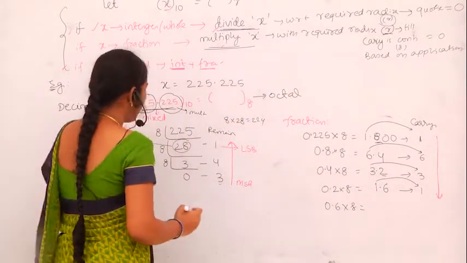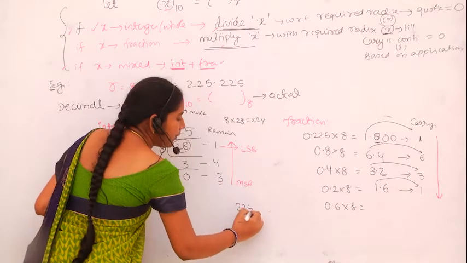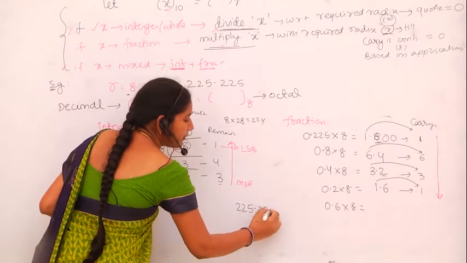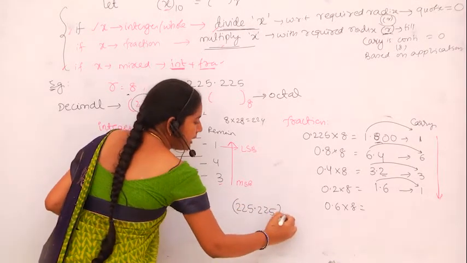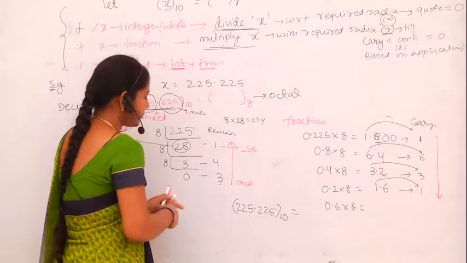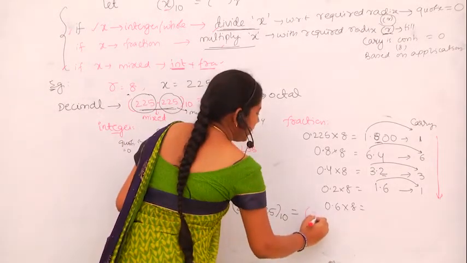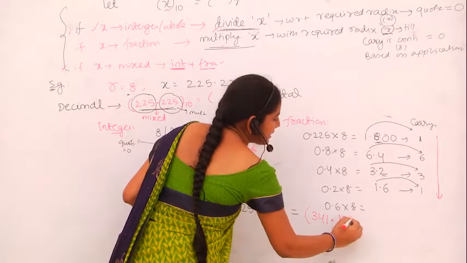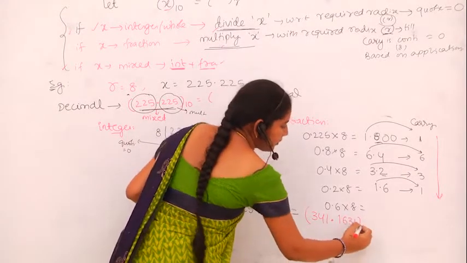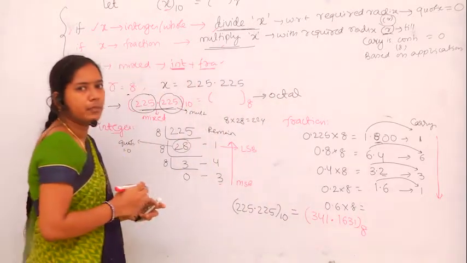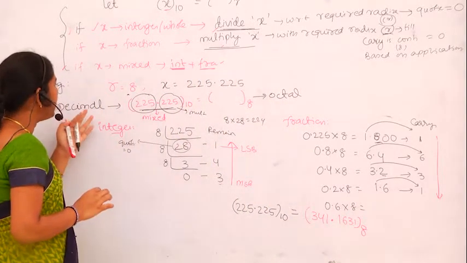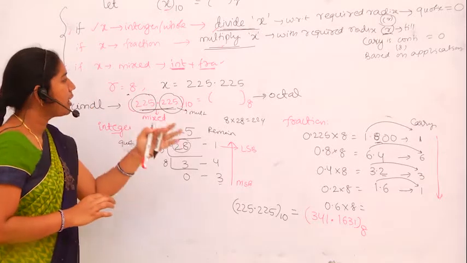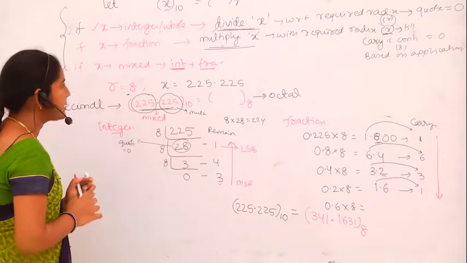Now the equivalent of 225.225 of decimal is equal to 341 of 1631 of octal. So in this way we can convert decimal to octal number system.